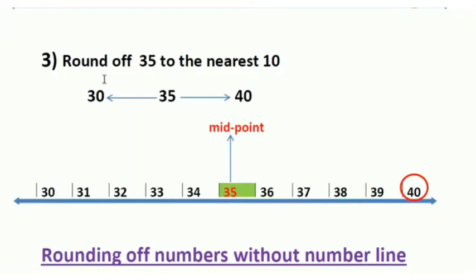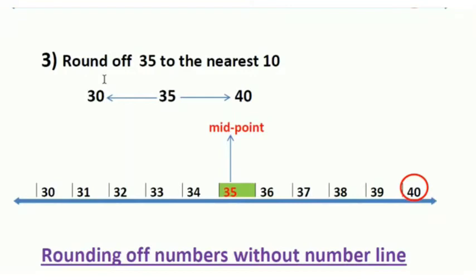Now draw the number line. You take the numbers 30 to 40 on the number line. Write the numbers: 30, 31, 32, 33, 34, 35, 36, 37, 38, 39, 40.